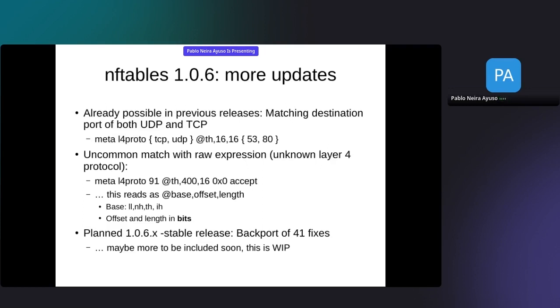The offset here is expressed in bits, so this is offset 400, and then the size is also expressed in bits, and this is basically making sure that those 2 bytes are 0 in a protocol 91 packet. I guess that this user is probably doing some kind of port knocking implementation using nftables, because otherwise I don't find a good use case for this. But someone reported that it was broken, and now this is fixed.